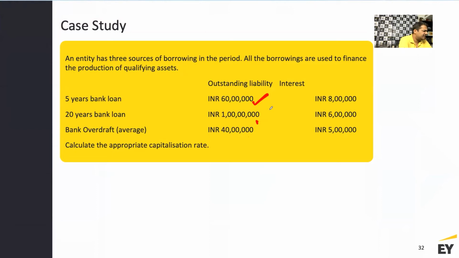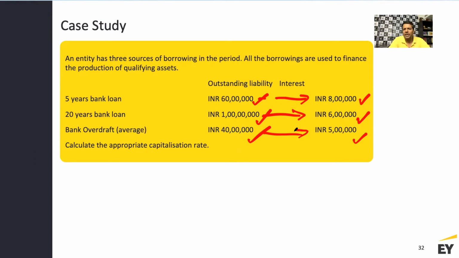Here it is 1 crore. Here it is 40 lakhs, right? And my interest cost is 8 lakhs, 6 lakhs, and 5 lakhs. See, a different rate of interest is applicable, right? And that is why it is important for you to determine the capitalization rate.